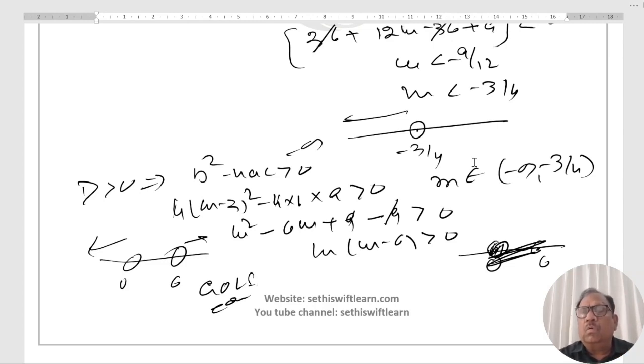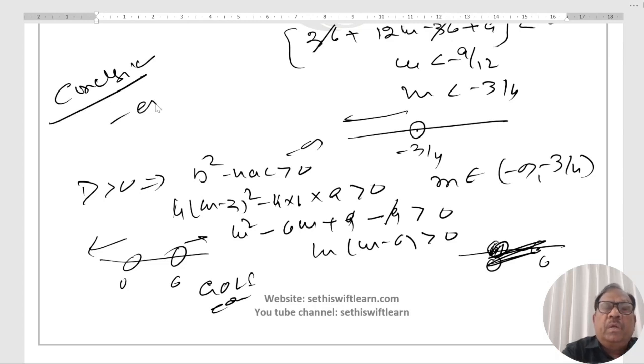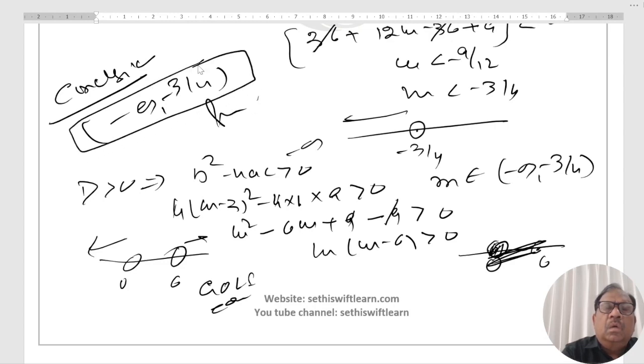What is the conclusion now? This says m should be minus 3 by 4 this side, this side. The conclusion will be minus infinity minus 3 by 4. This is the answer. Now I have discussed regarding the location of roots, right?